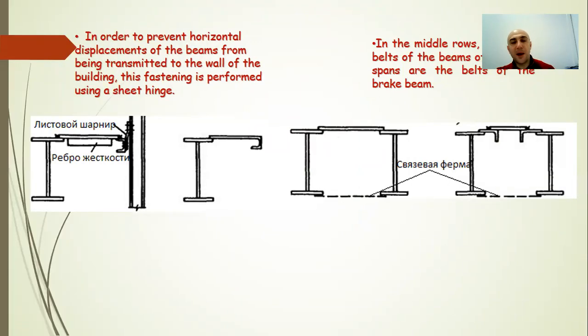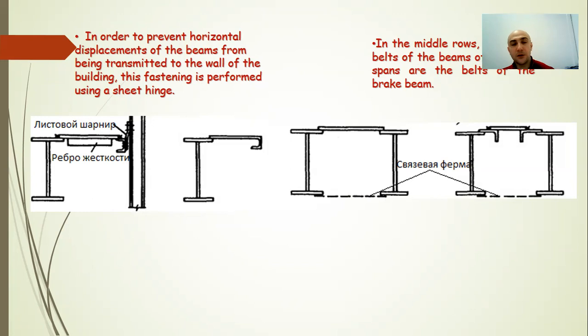With the latch span of the beams for cranes with a lifting capacity of about 50 tons or more, special brake structures, brake beams or trusses, are installed. Brake beams with corrugated sheet walls about 6 to 8 millimeters thick are used, as well as brake beams made of bent sheet. In order to prevent horizontal displacements of the beam from being transmitted to the wall of the building, this fastening is performed using a sheet hinge.